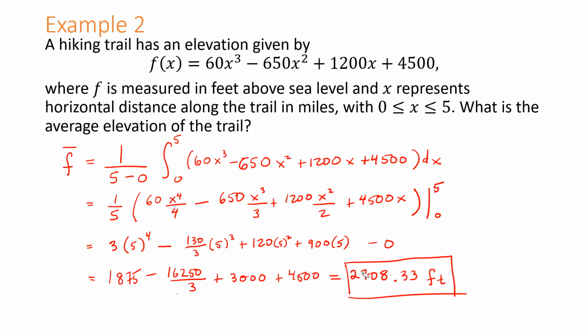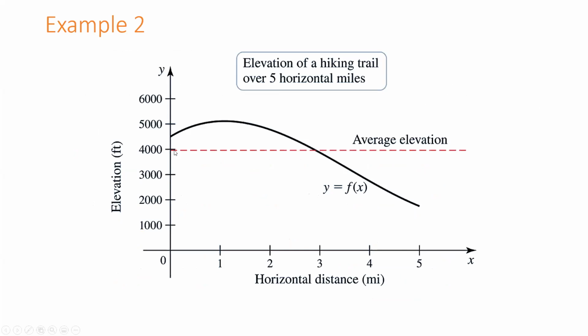Okay, yeah, that gives me something closer to what it looked like in the picture, about 3,958.33. Now looking at the picture, that looks about right. The average elevation here would be somewhere in the middle of all those different elevations.